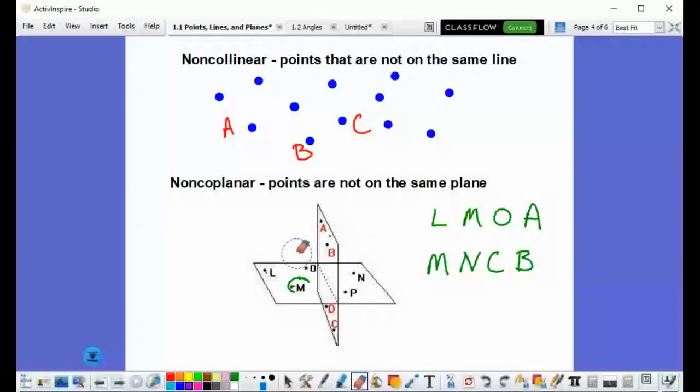Let's try a tricky one now. This is where it gets very tricky, and if you don't understand this right away, it's okay. It's very normal. Every year students struggle with this idea, but I'll do my best. If I just say 3 points, so let me just pick any 3. We'll do M, A, and then P. So if I took those 3 points and I say, are they coplanar?